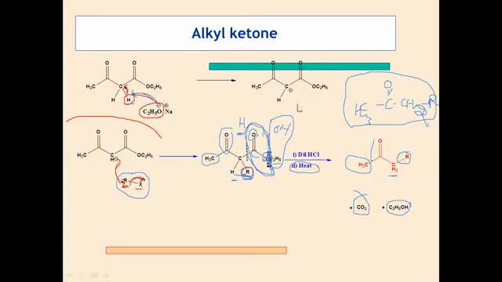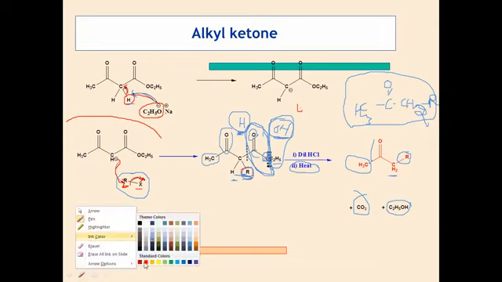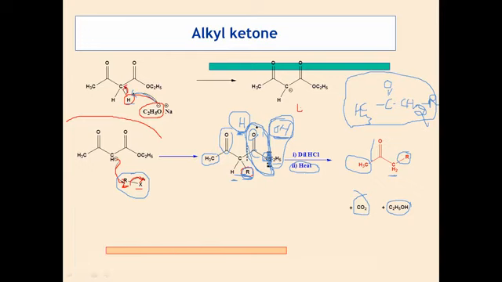And the next step involves reaction with dilute HCl, that is the addition of a water molecule. Now this is a hydrogen and this one is the oxygen. The addition of a water molecule takes place across this.